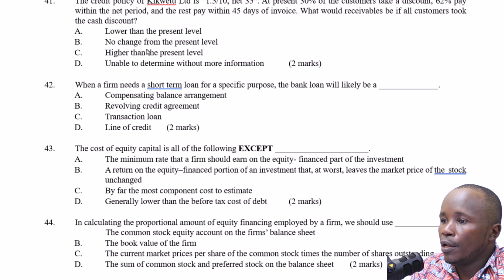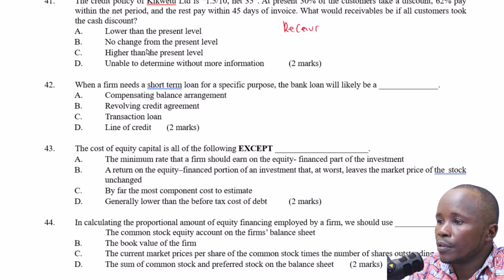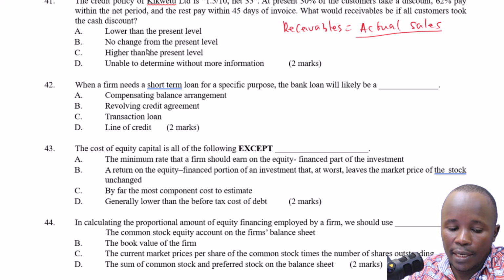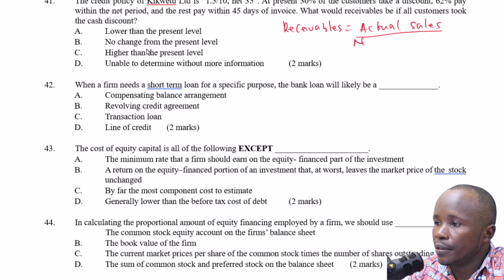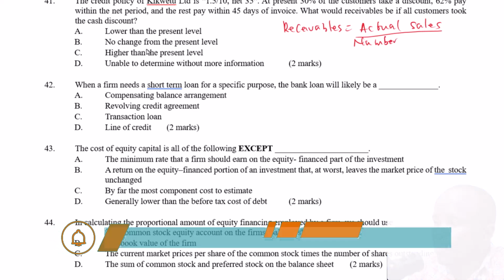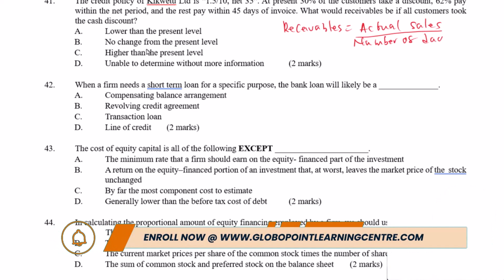Now, ask yourself, how do we find receivables? Receivables is given by actual sales divided by number of days in the period, times 10.